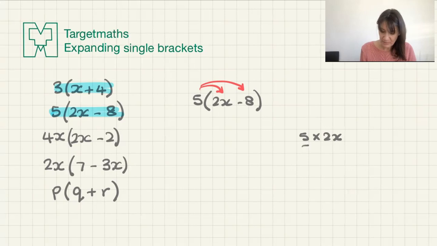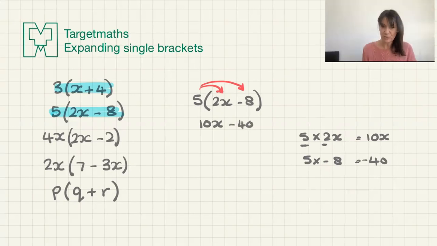I can see some number work, 5 times 2, which is going to give me 10. And then that x is in there staying squashed to the result. So we've got 10x. 5 times minus 8. 5 eights are 40. I've got 1 negative in the question, so I'm going to have 1 in the answer. And I've got minus 40.